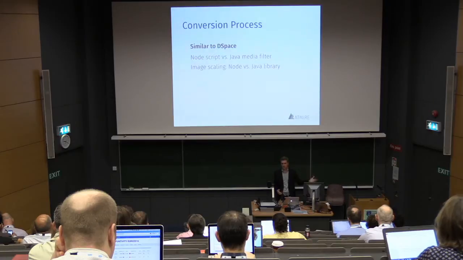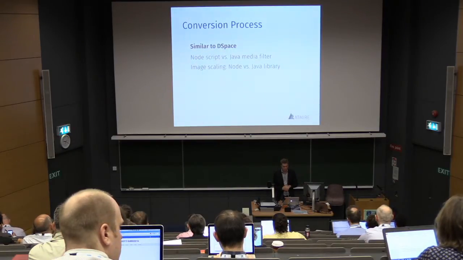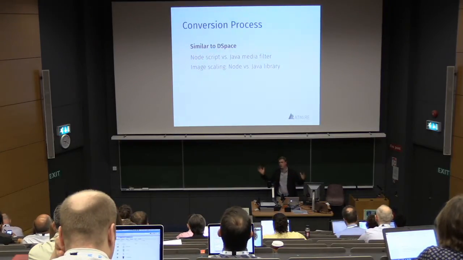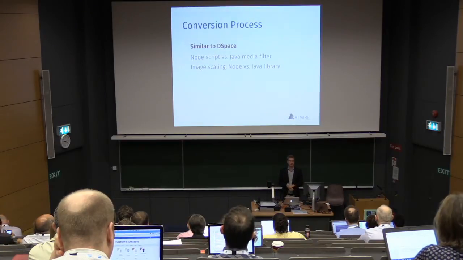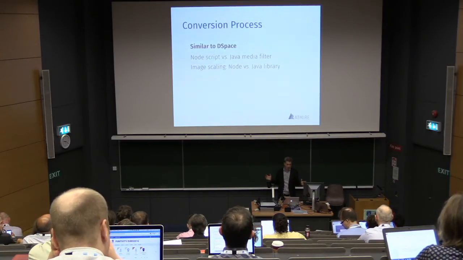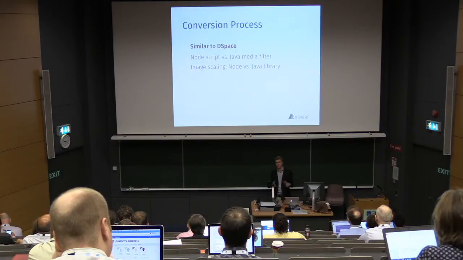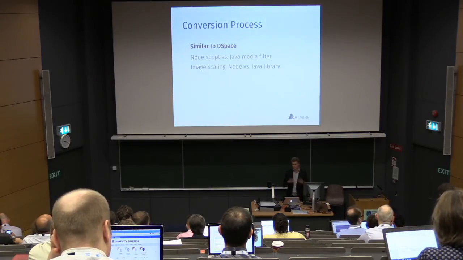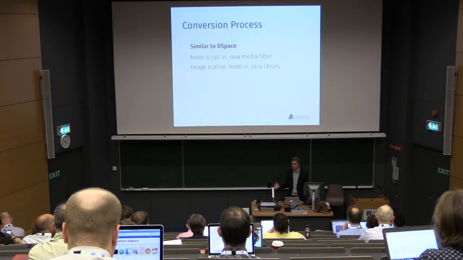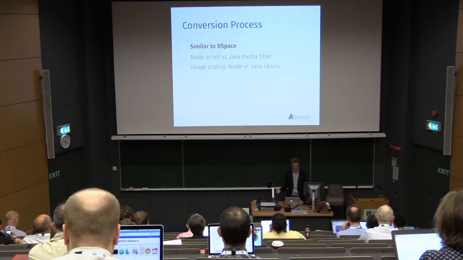So we'll need a Node equivalent for that. And the entire conversion process will also not be coordinated by a Java media filter, but instead we'll need to use a Node script. But apart from that, it is similar to the way it's done in DSpace.